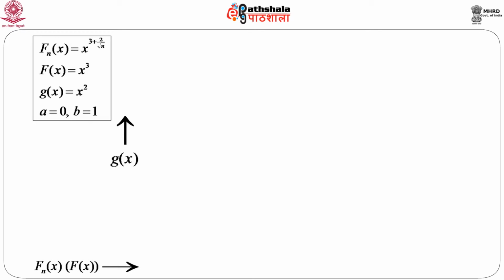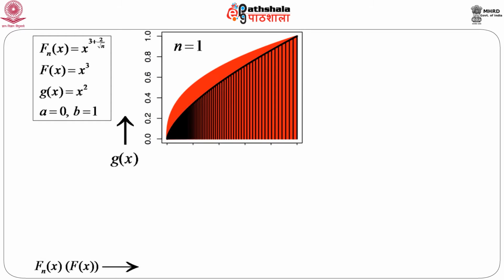So, we plot g x in the vertical axis and f n x or f x in the horizontal axis. First, let us consider this graph. For n equals 1, we calculate the area under the curve g x with respect to f n x. So, f n x is on the horizontal axis, and g x is on the vertical axis.